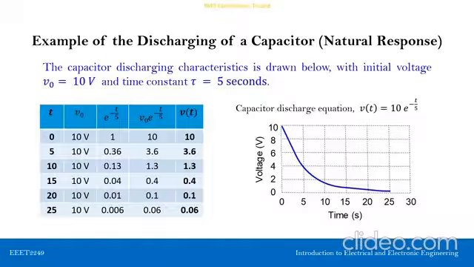So this graph is showing the natural response of a capacitor, or the discharging characteristics of a capacitor, and the equation for this capacitor discharging characteristics in this case is 10 e^(-t/5).